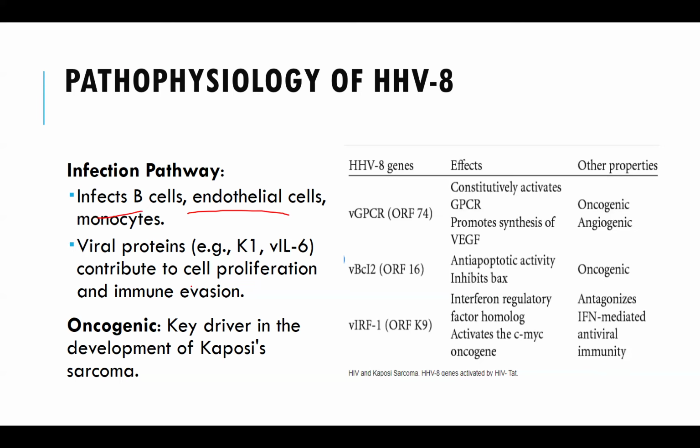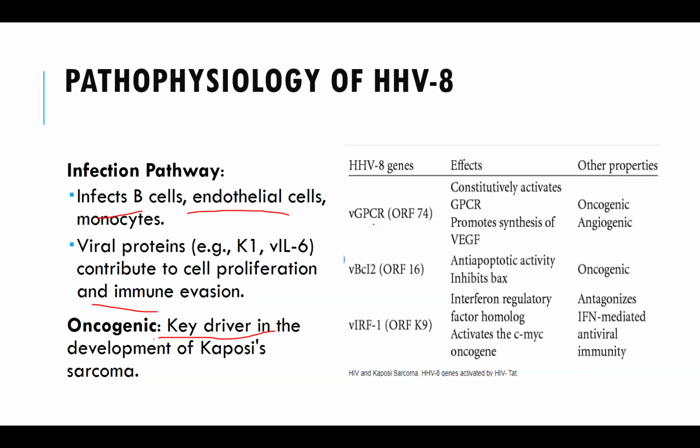That means they switch off the MHC class 1 processes such that this cell cannot be recognized by the cytotoxic T cells as infected. And this is usually a driver for oncogenesis, or development of the cancer. This virus has a few oncogenic proteins that have been reported and associated with the progression of malignancy in patients diagnosed with KS.